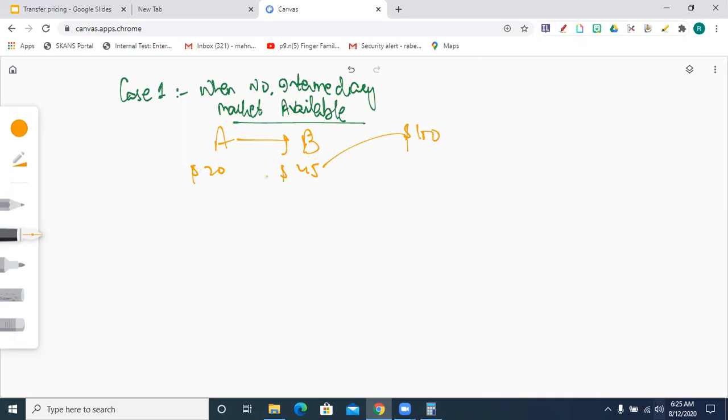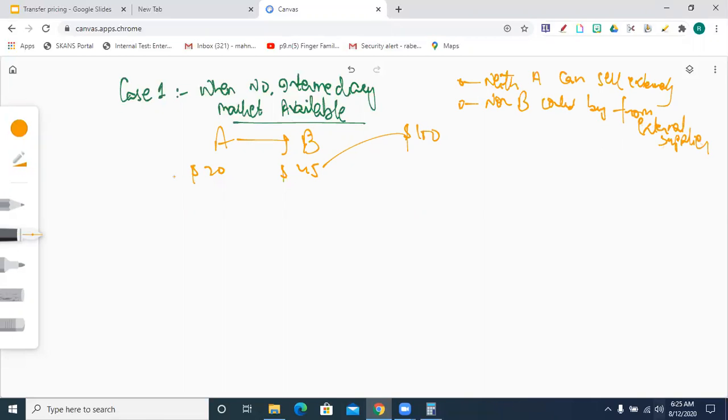There's no intermediate market available, meaning neither A can sell externally nor B could buy from an external supplier. Then what should be the ideal, sensible transfer price so as to optimize group profit, ensure goal congruence, and make each individual manager happy?